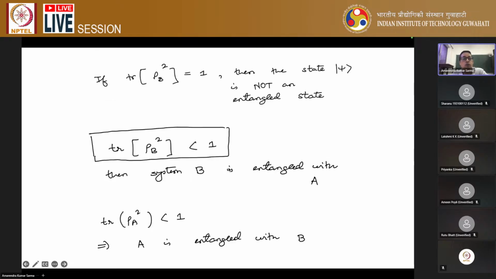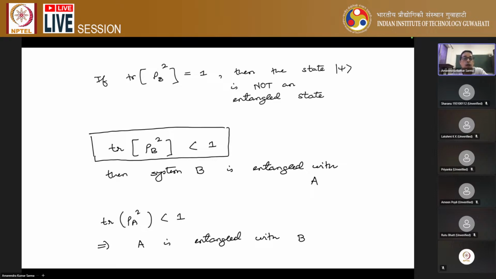Then we briefly discussed quantum entanglement and some measures, and how you can ascertain, mathematically speaking, that two systems A and B are entangled.